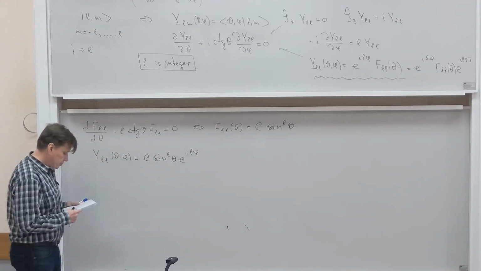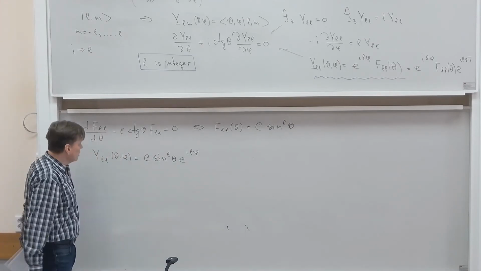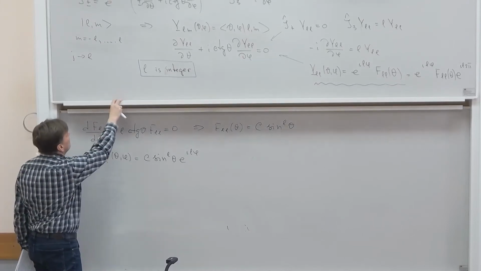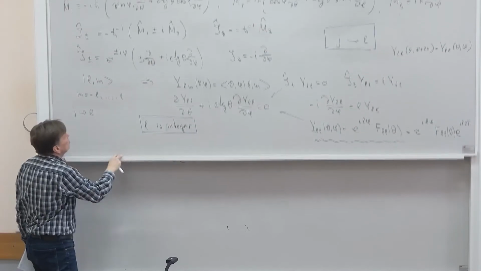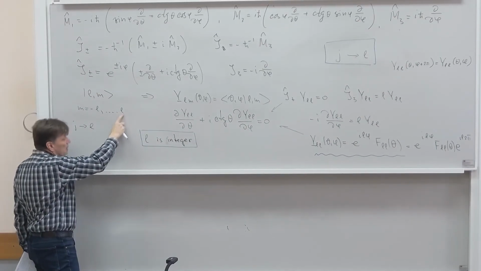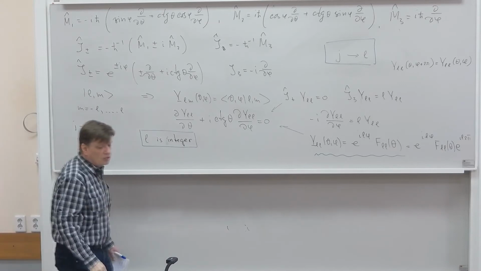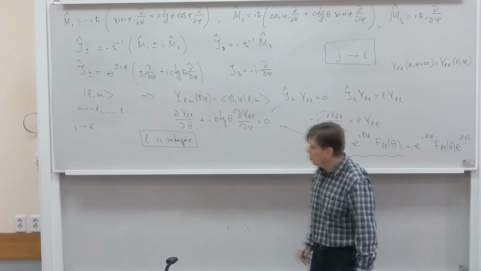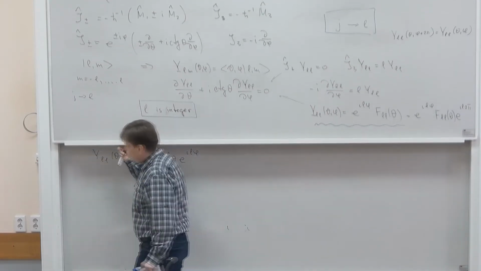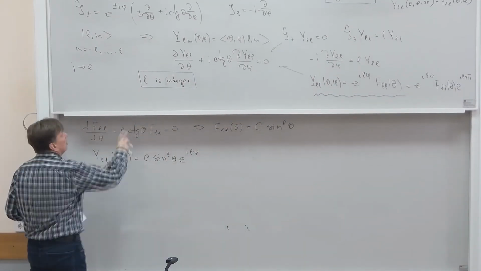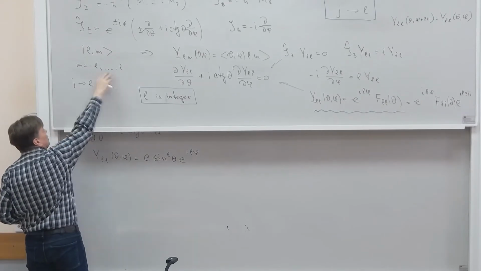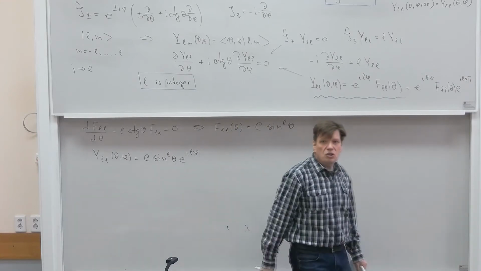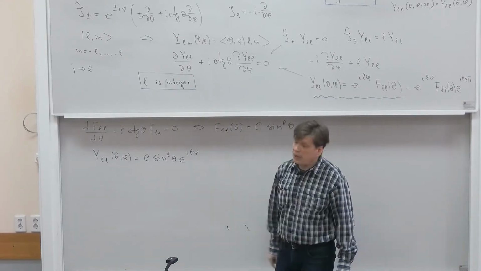And so this is the wave function for the state with the maximal possible value of J3, with the maximal possible projection of the angular momentum to the axis. And the other wave functions in this sequence can now be obtained by repeated application of the lowering operator J minus.